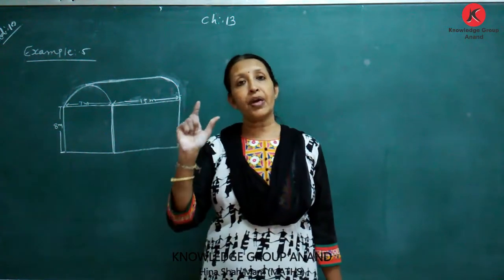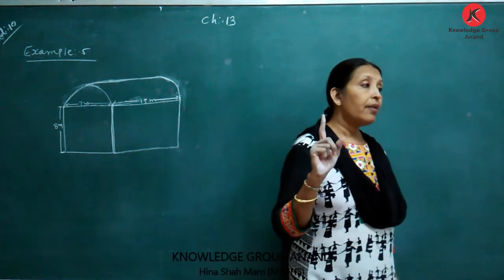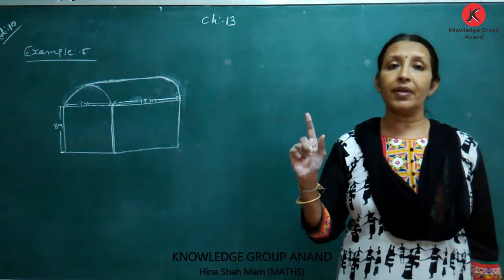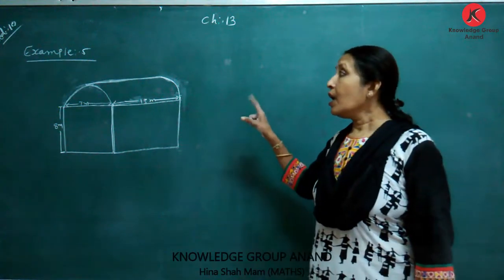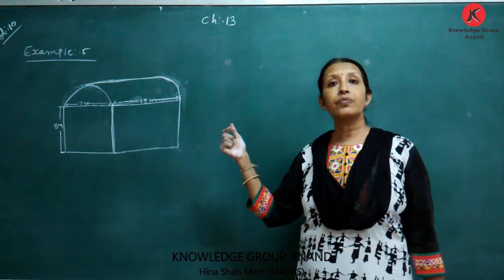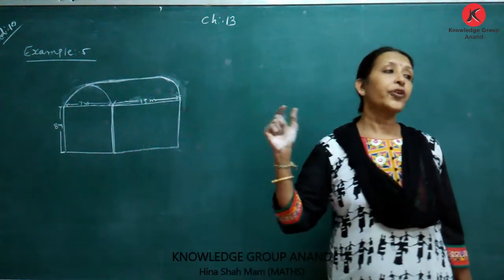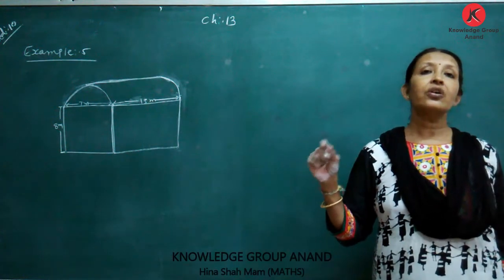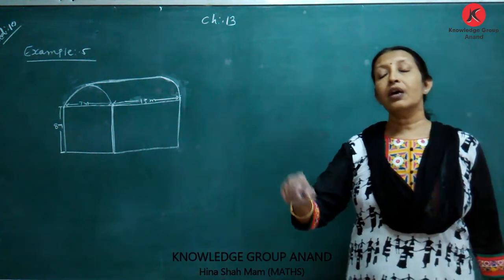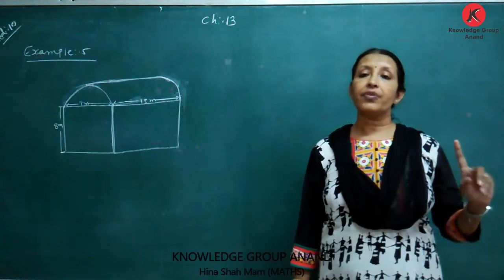First we remember our volume formulas. Volume of cube is equal to side cube. Volume of cuboid is equal to L into B into H. Yes, you remember all the formulas, area and volume.